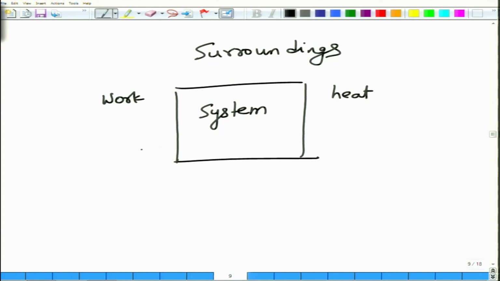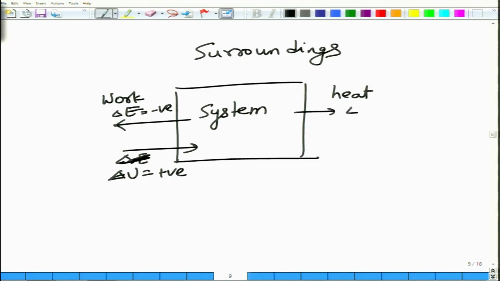If work is done onto the system, then delta E, let us say delta U, is positive, and if the system does the work, then delta E is negative. On the other hand, in terms of heat, if the system releases heat, then delta E is negative, and if the system absorbs heat, then delta E is positive. So, that is how you distinguish between various states of the system as you decrease or increase the temperature.